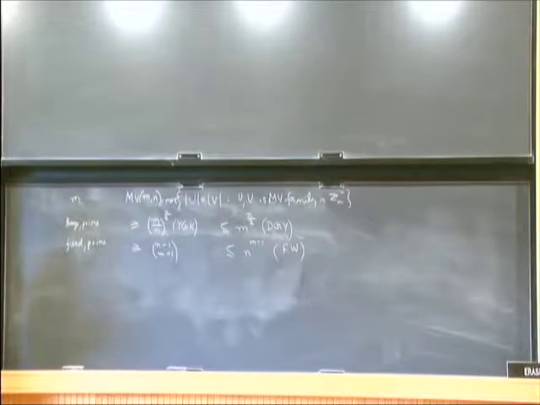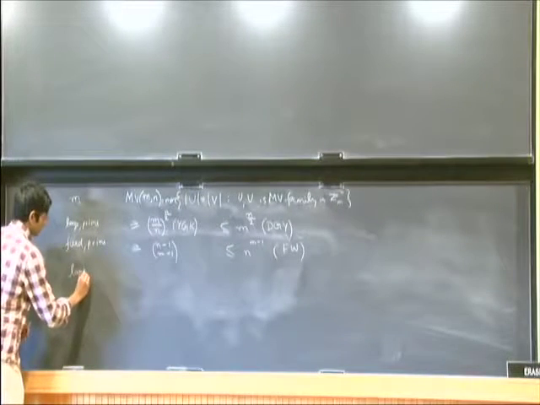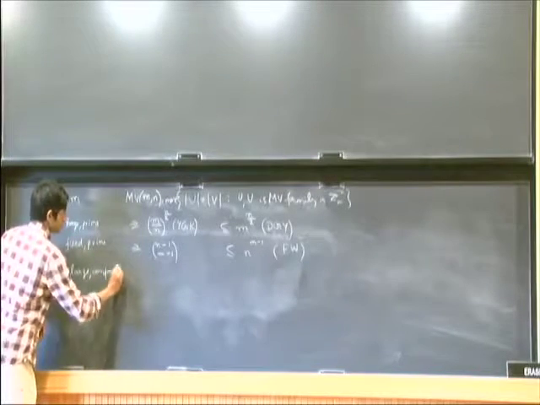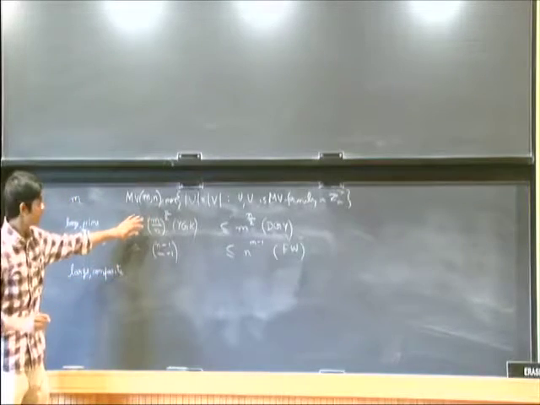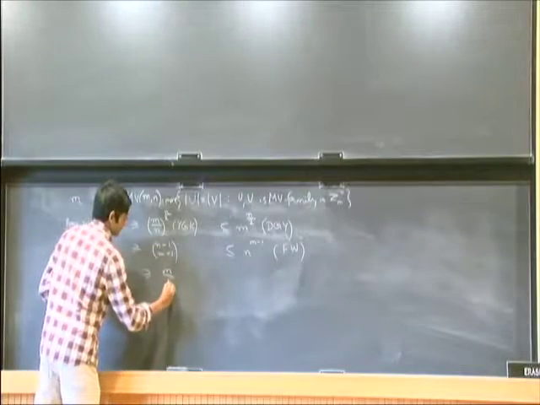Okay, but for the case of composites, there is a huge gap. So if m is a large composite, then you still have this lower bound because it does not care about whether m is prime or composite.